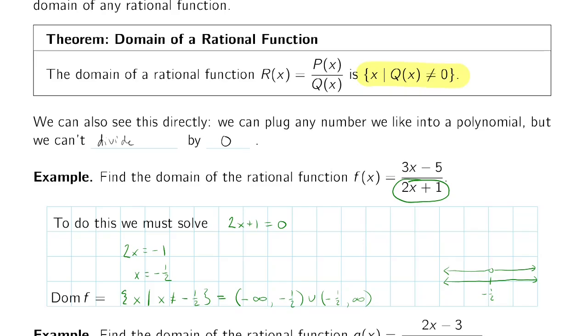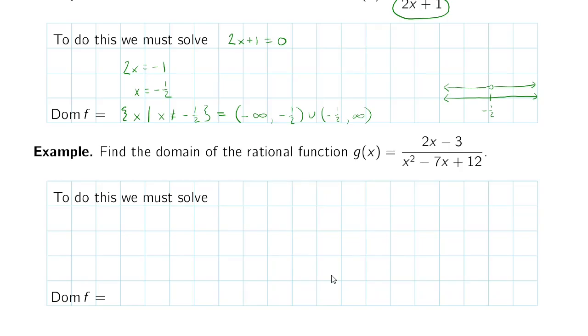Let's see a second example where our denominator has higher degree. Here we have the rational function g of x equals 2x minus 3 over x squared minus 7x plus 12. And again, we need to set our denominator equal to 0 to find the domain, and solve this equation, which gives us all of the values that are not included in the domain.